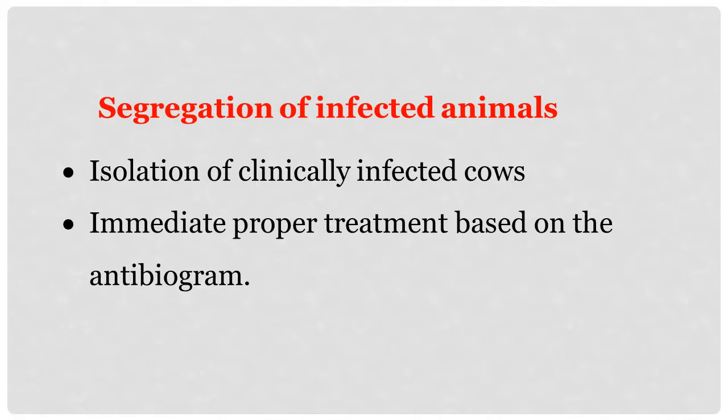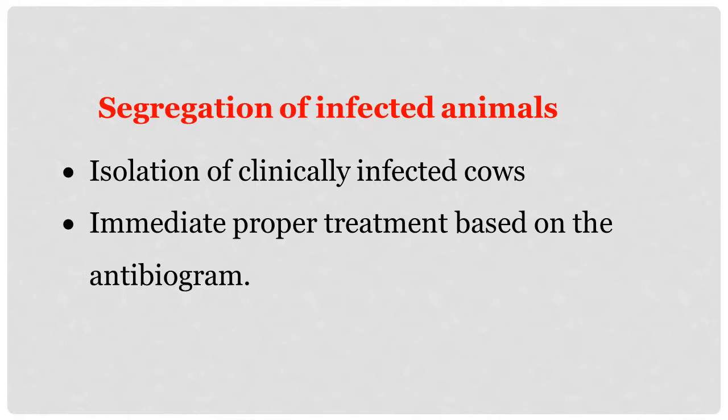In the previous slides we have seen 14 steps. Now each step we will see in a little bit of detail. Segregation of infected animal, that is the first step. Whenever any animal is found infected, isolate the clinically infected cow so that it will not transmit the infection to other healthy cows.